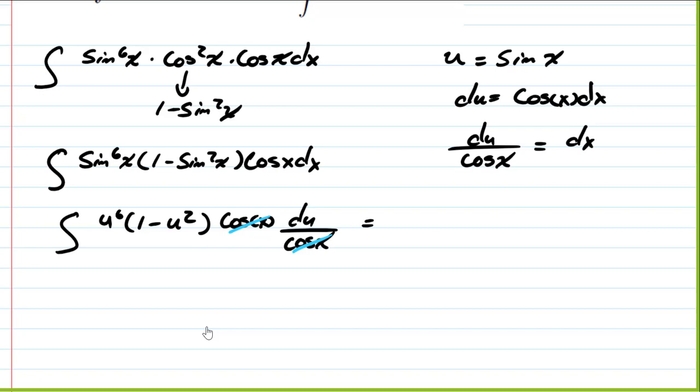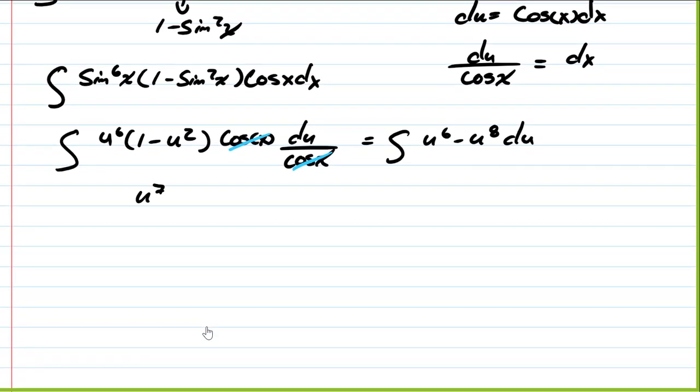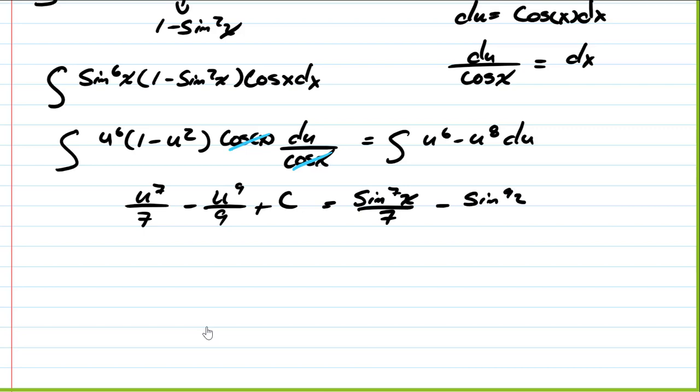So finally, we end up with u to the sixth minus u to the eighth du. So we get u to the 7th over 7 minus u to the 9th over 9 plus c. So that gives us sine to the 7th x over 7 minus sine to the 9th x over 9 plus our arbitrary constant, right? Okay, so hopefully we're starting to notice a pattern here with these, right?